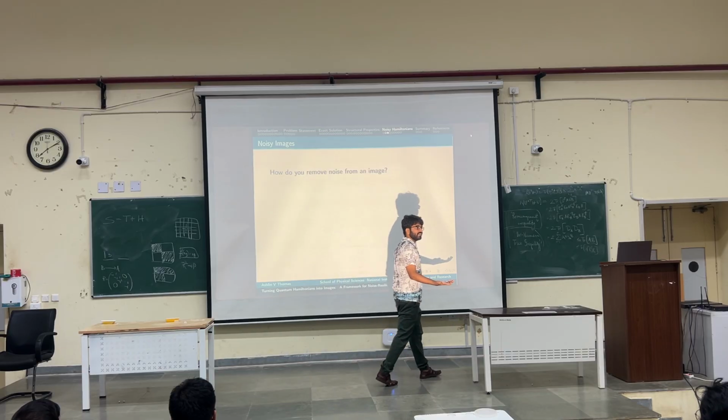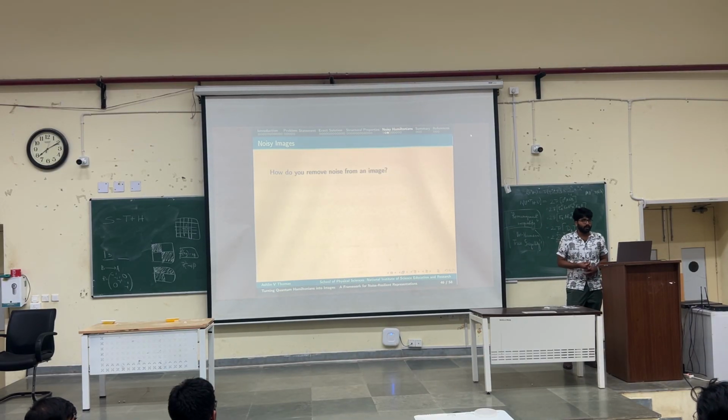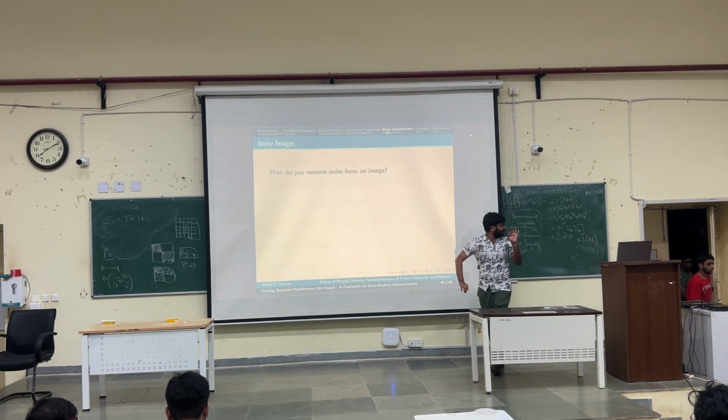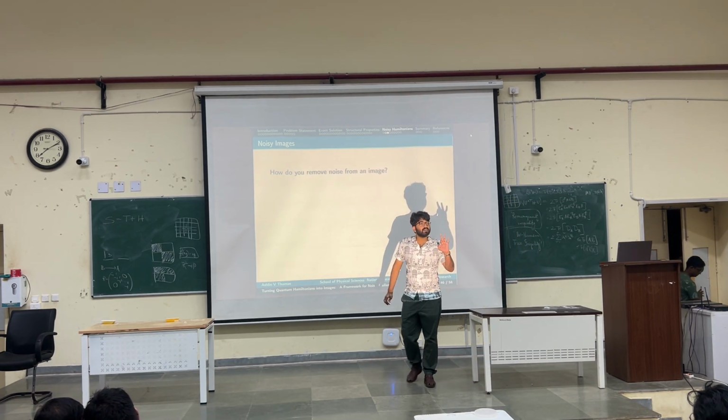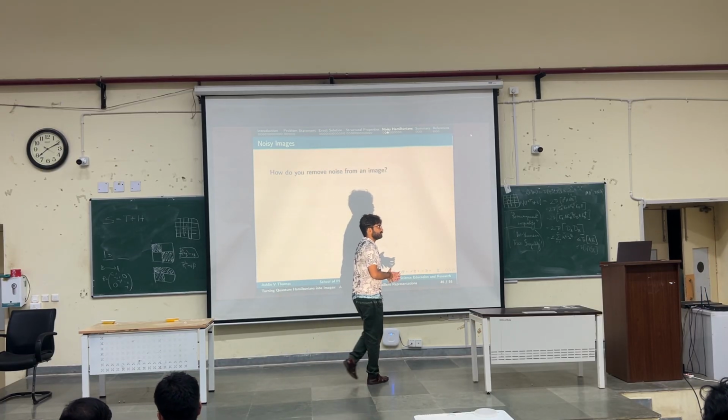The most common technique is using a mean filter, or a blur. If this is your image, you construct a new image, but whatever the value is in that pixel, you replace it with the average of a neighborhood of that pixel.